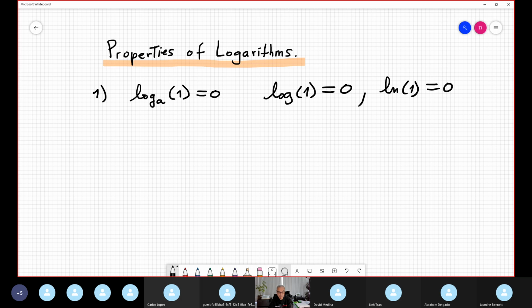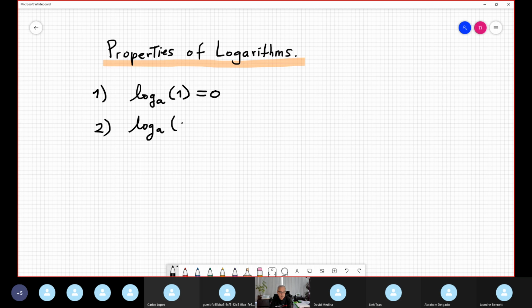Regardless of the base. Any base, it is 0. And of course, another non-standard base is 0. So for any base. The second property is extremely important. Logarithm of any base, and they are a perfect coincidence. The number inside the argument and the base, the answer is 1.